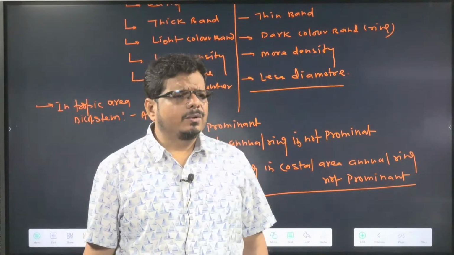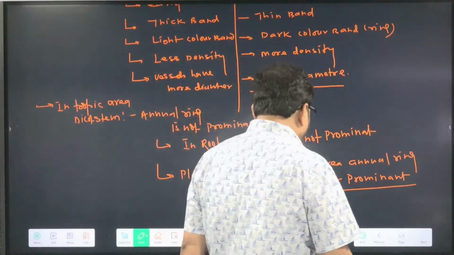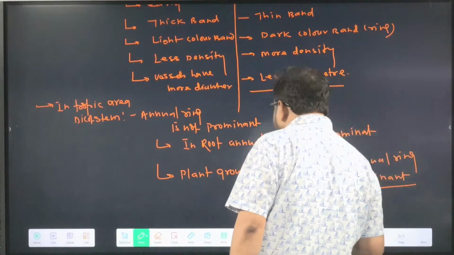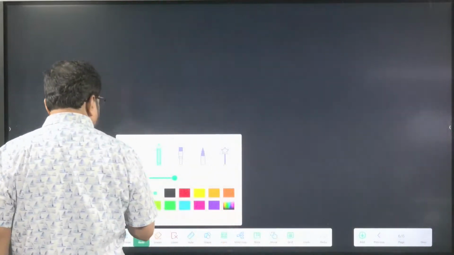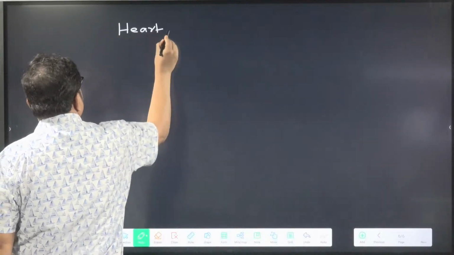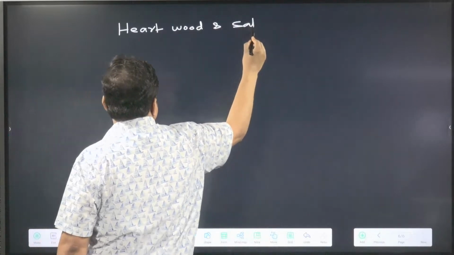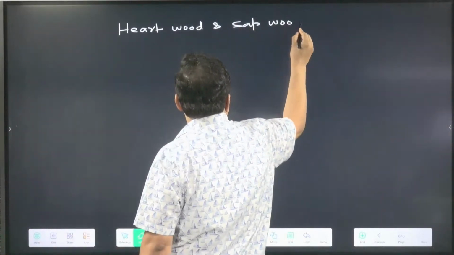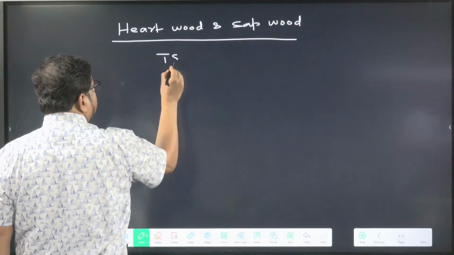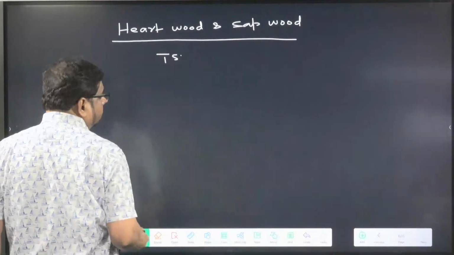Now we are going to deal with one more thing, that is which one? Heartwood and sapwood. So when you cut a TS of a plant, you find such a kind of thing. I am telling you through the diagram.